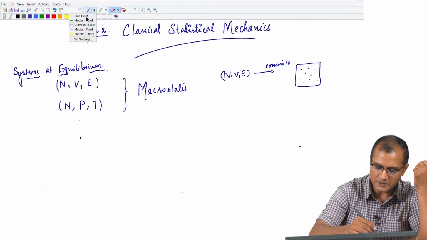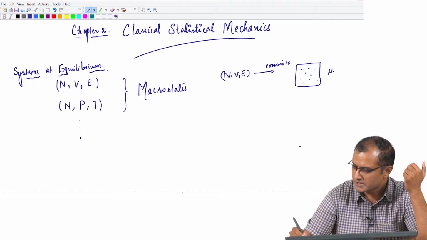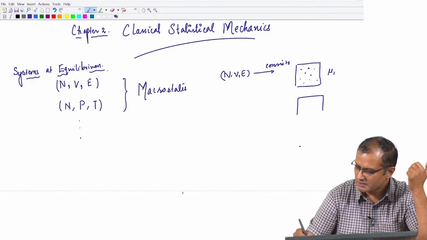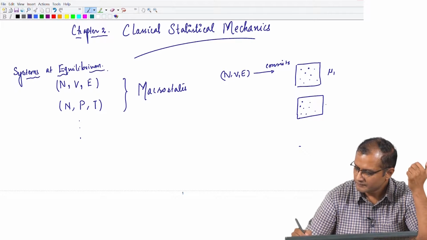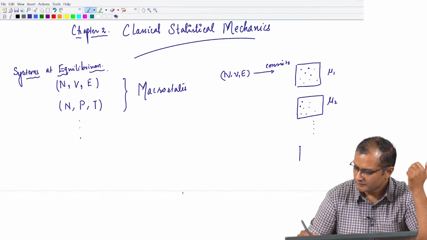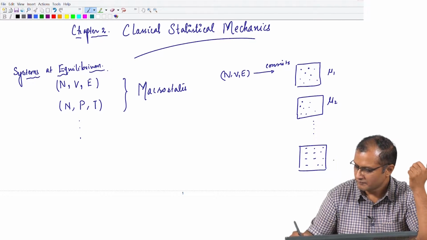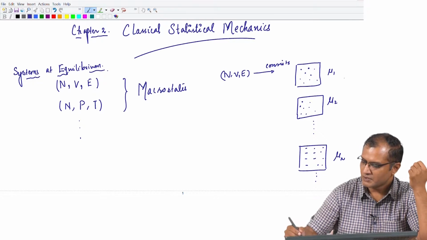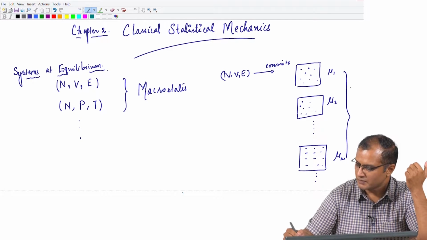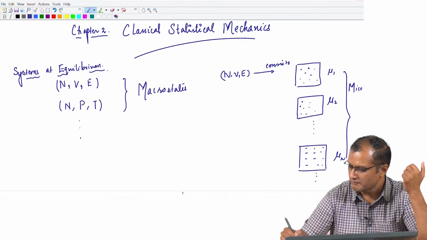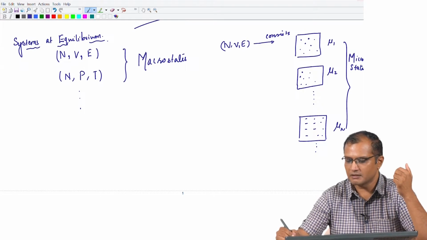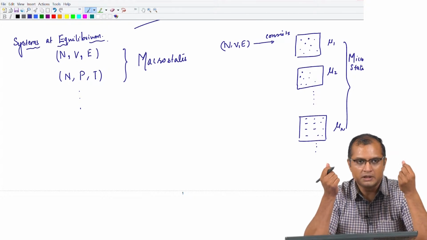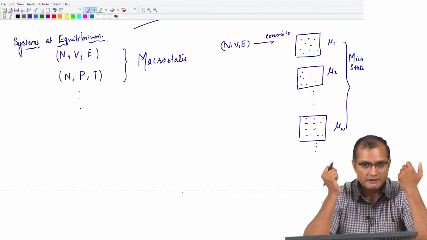So, I can take one macro state and take the system in several different states, and these are basically microstates. Okay. So, this is like the specific arrangement of particles and momenta in the phase space.